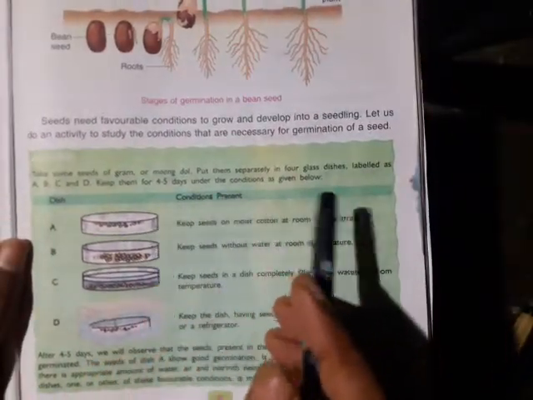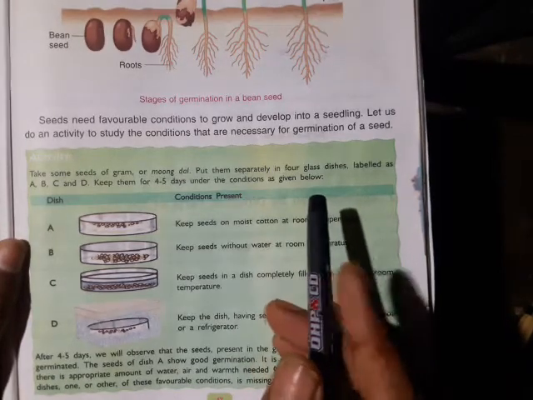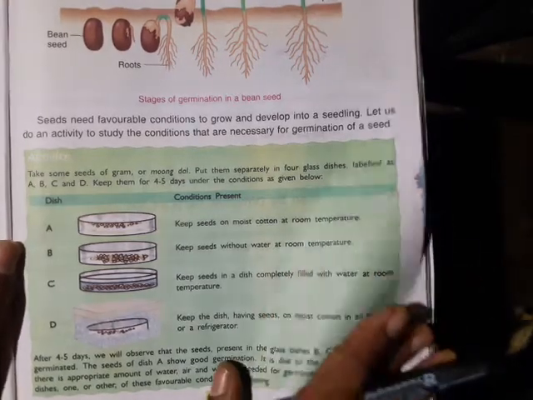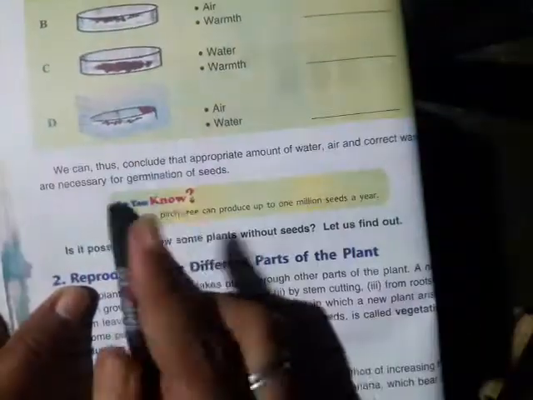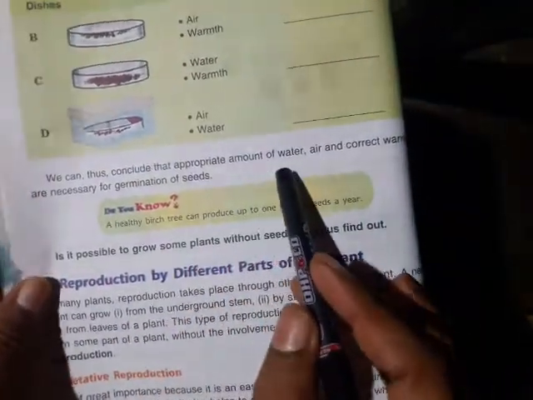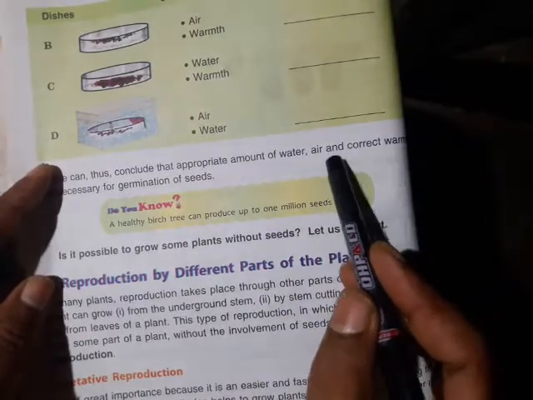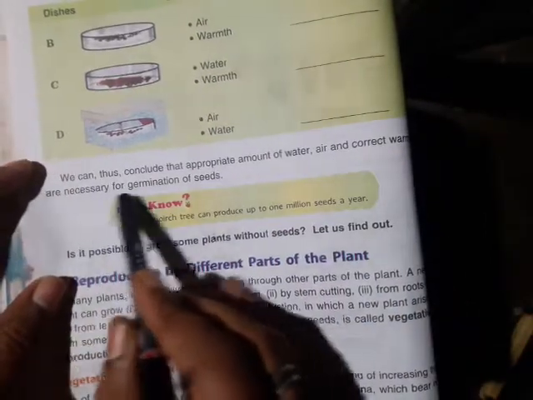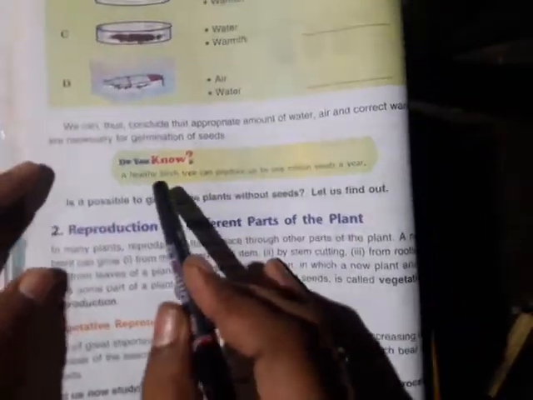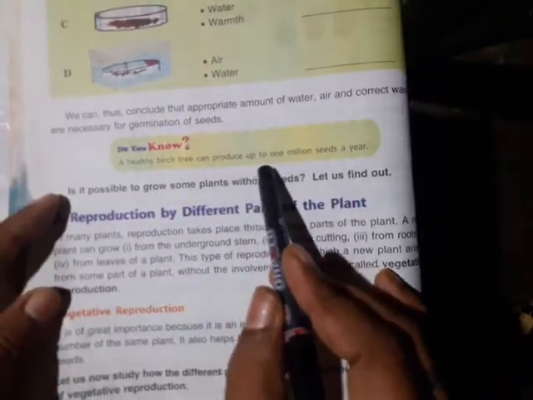Three conditions: air, water and warmth. You may say warmth is also temperature. We thus conclude that an appropriate amount of water and air and correct warmth are necessary for germination of seeds. A healthy birch tree can produce up to 1 million seeds a year.